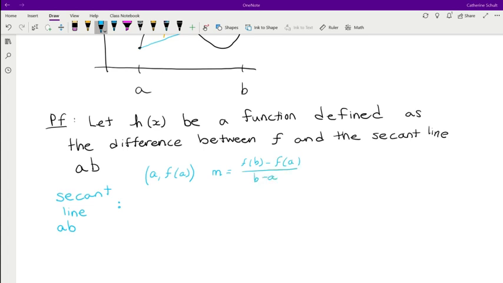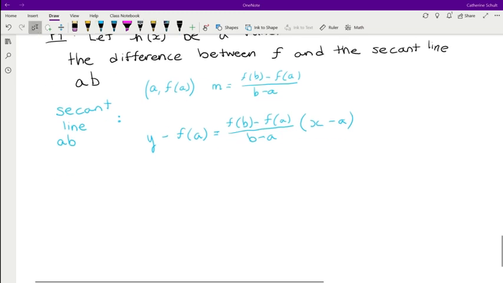You need a point and a slope to write an equation of a line. So the equation of the secant line is y minus the y value equal to the slope times x minus a. All right, and so let's solve that for y. We won't worry about cleaning it up too much. We'll just add f of a to both sides.